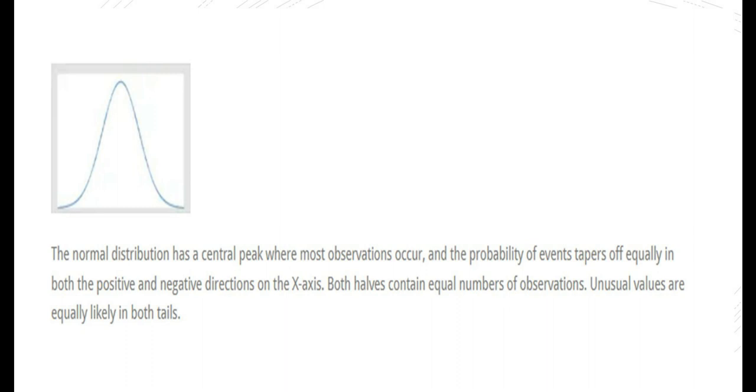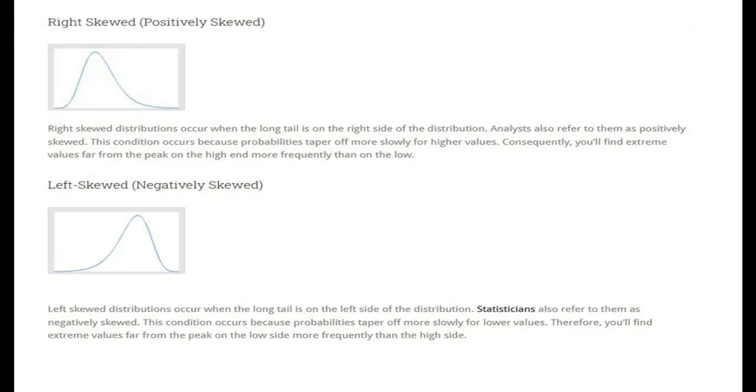The normal distribution has a central peak where most observations occur, and the probability of events tapers off equally in both the positive and negative directions on the x-axis. So basically, from the mean, you can say that 50% of your data is above the mean and 50% of your data is below the mean. So both halves contain equal numbers of observations, and unusual values are equally likely in both tails.